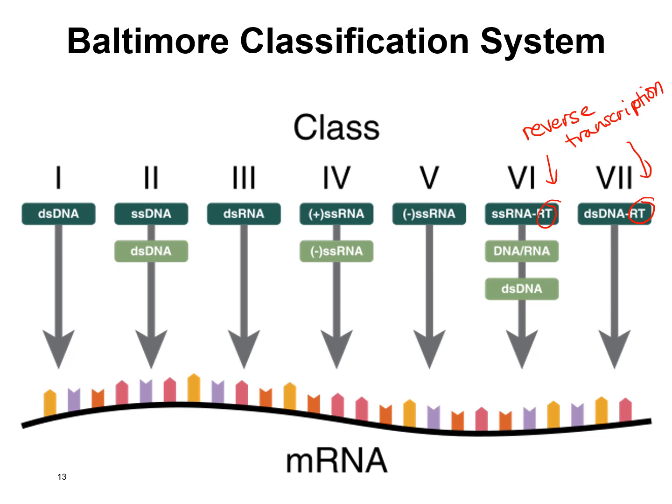So they're able to take the messenger RNA and from that make DNA, which our cells cannot do. So for example, in group 6, we have the HIV virus. And in group 7, we've got hepatitis B virus.